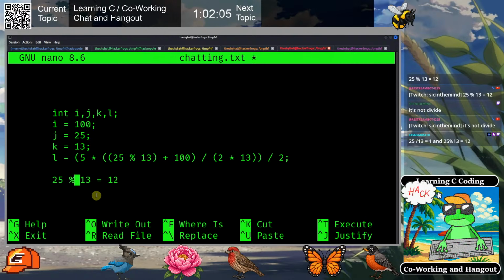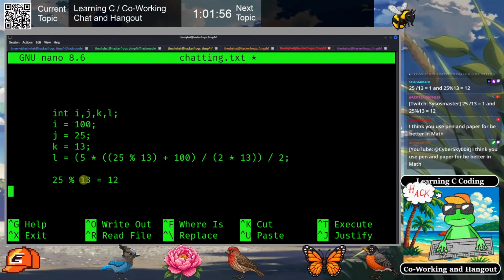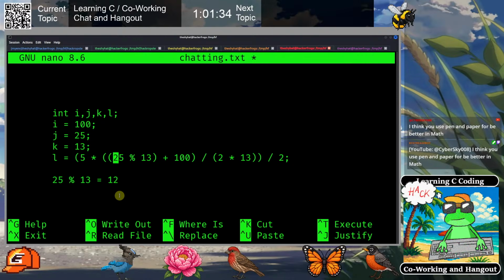So I'm thinking of it as, if we're dividing this, we first subtract 13 from 25 to get 12, and we can't subtract 13 again, so this is the remainder, right? I think if you use pen and paper, you'd be better in math. Maybe. I can't show everybody the pen and paper, though, so this is why I use the terminal. Anyway, so this is 12 then. So 25 modulo 13 is 12.